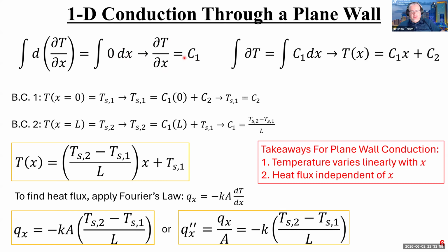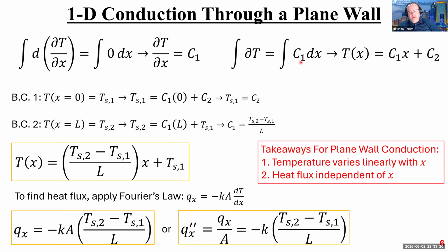And then I want to take another integral. Sorry, not another derivative, another integral. So here's dT/dx, taking the integral, and then here I am taking the integral of the other side, so this dx moves to the other side of the equation.